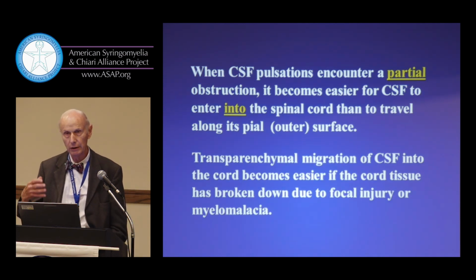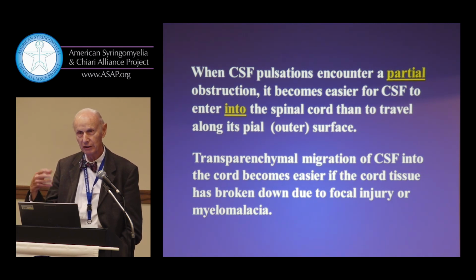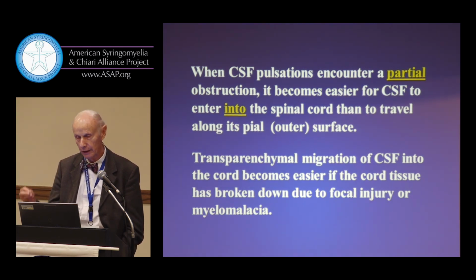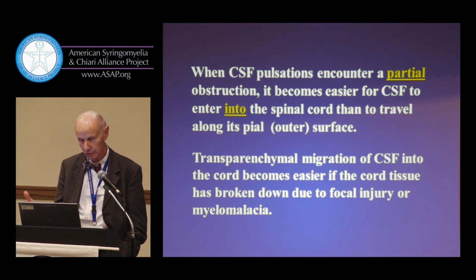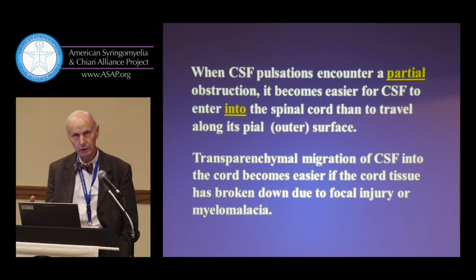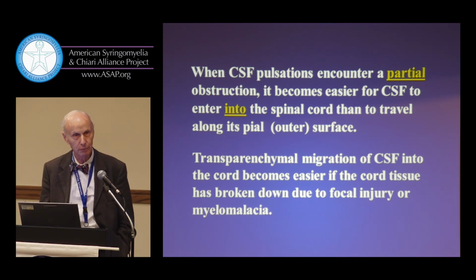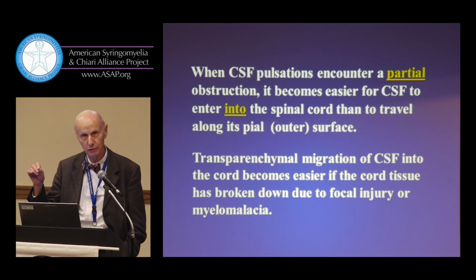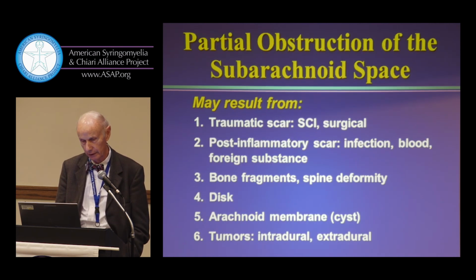When the CSF pulse hits a partial obstruction, it becomes easier for the spinal fluid to enter into the spinal cord rather than to travel as it normally does along the outer surface or pial surface of the cord. And if the cord tissue is broken down for some reason, such as from a spinal cord injury, it becomes even easier for the spinal fluid that pulsates to enter into the spinal cord itself and cause a fluid-filled cavity.